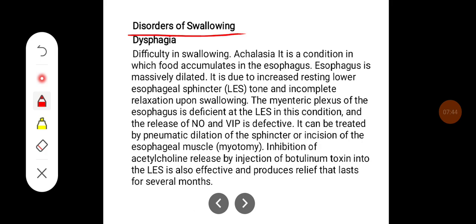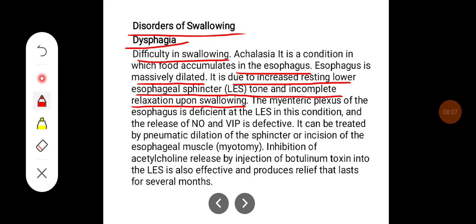Some of the disorders of swallowing: dysphagia, nothing but difficulty in swallowing. Achalasia is a condition in which food accumulates in the esophagus. The esophagus is massively dilated. It is due to the increased resting lower esophageal sphincter tone and incomplete relaxation upon swallowing.